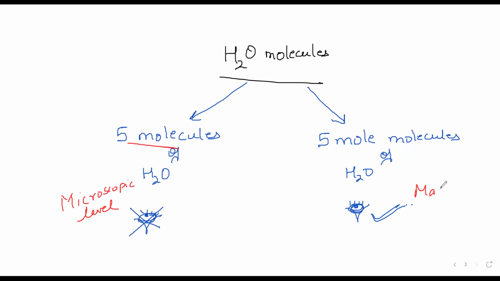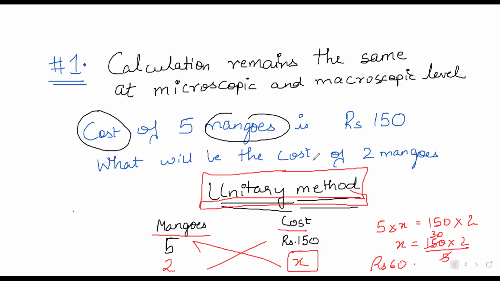And this is macroscopic level, taking large amount of water. Now, as I explained over here, if you look at this point, I said that the calculation remains the same at microscopic and macroscopic level. Now I will try to make you understand the concept.